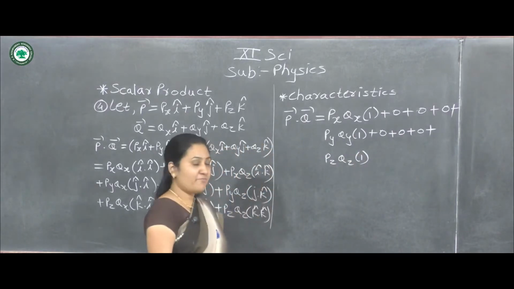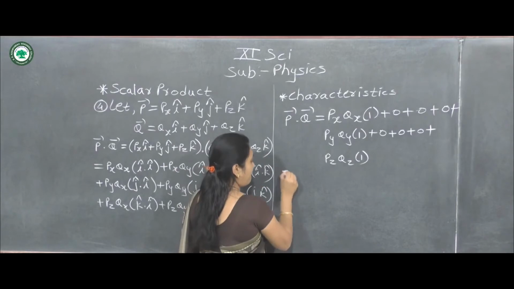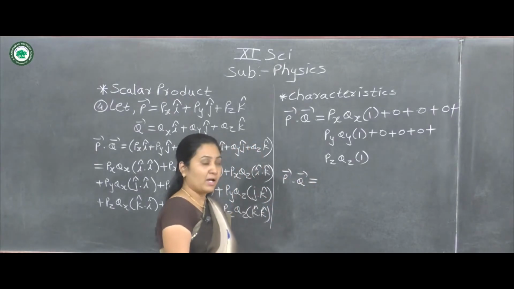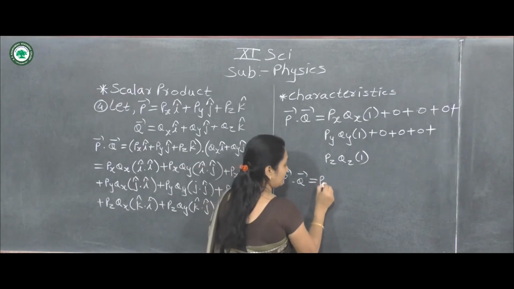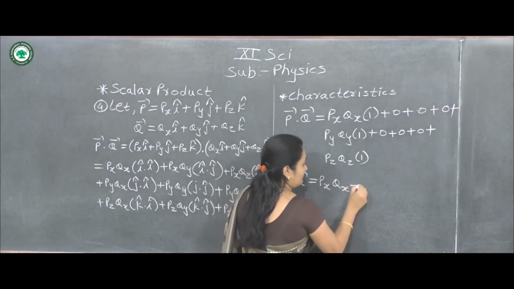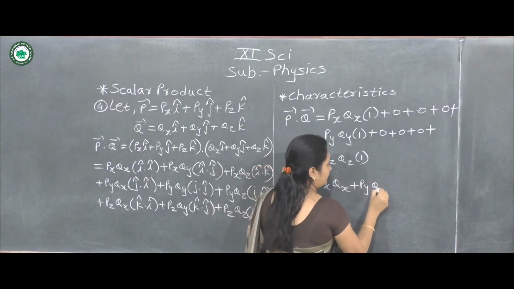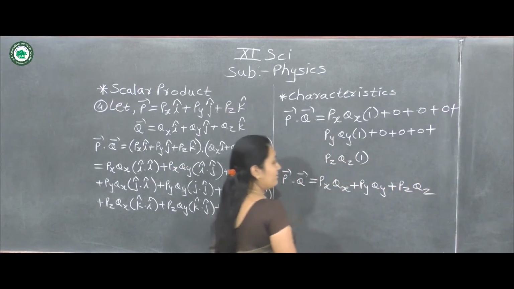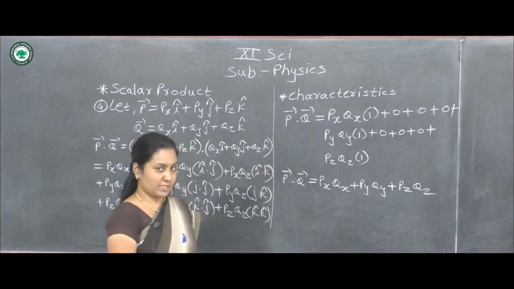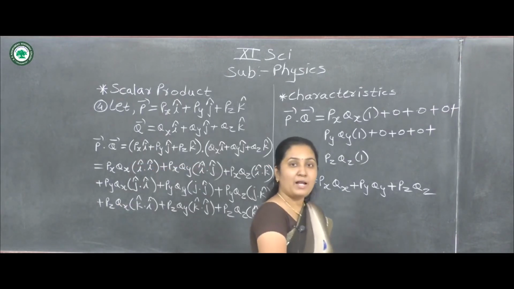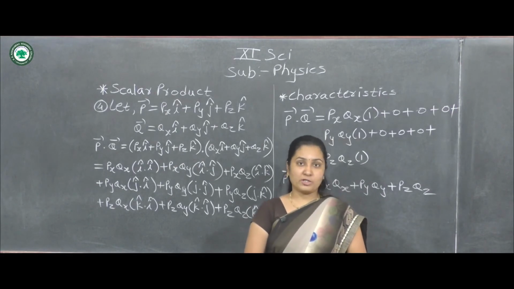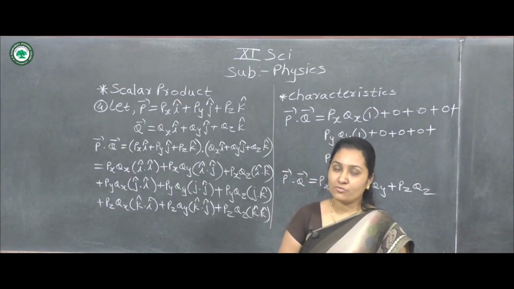By simplifying, the dot product of two vectors is Px Qx plus Py Qy plus Pz Qz. By using this formula we can find the scalar product or dot product of any two non-zero vectors.